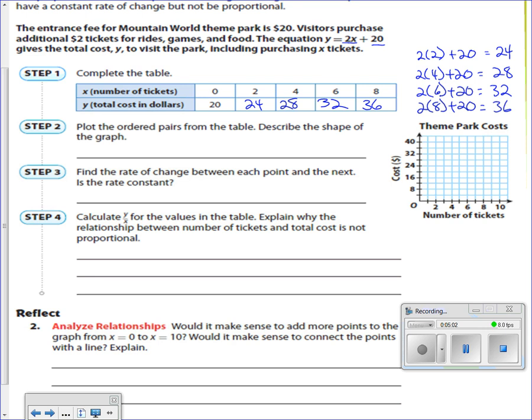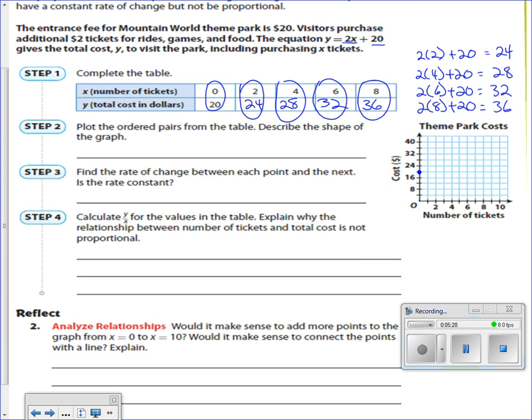Number 2, it says plot the ordered pairs from the table. Describe the shape of the graph. So each of these in the table is an ordered pair: 4, 28; 6, 32; 8, 36. Each is an ordered pair. So starting at 0 on the x-axis, 0, and then go positive 20. So I'm going to go to positive 20, which is right there.